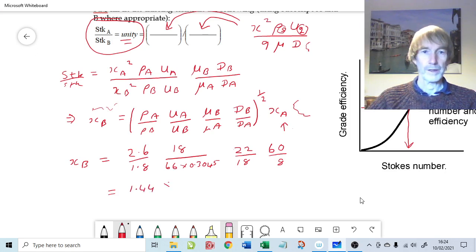Okay, then we have 18 divided by 66 divided by 0.3045 equals 0.90, near enough.